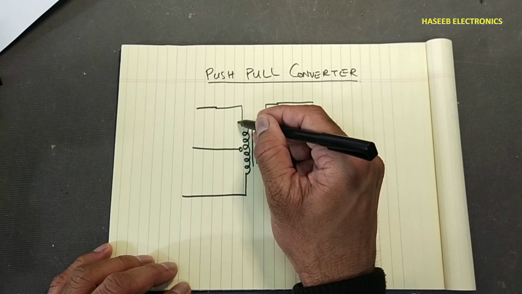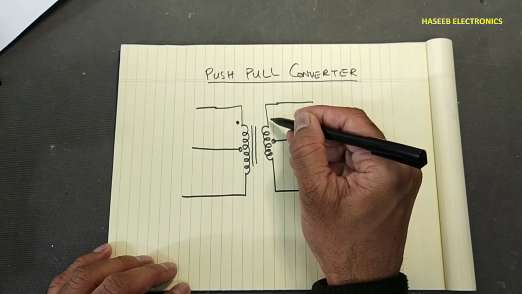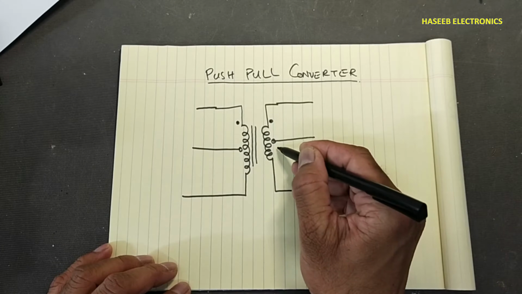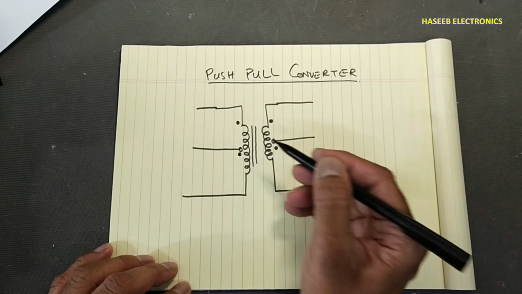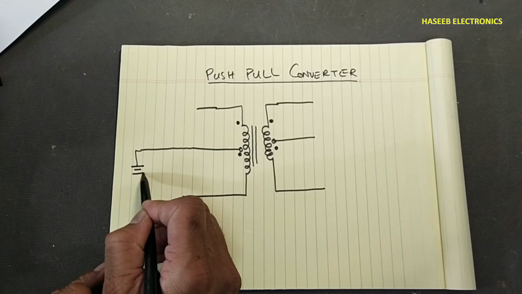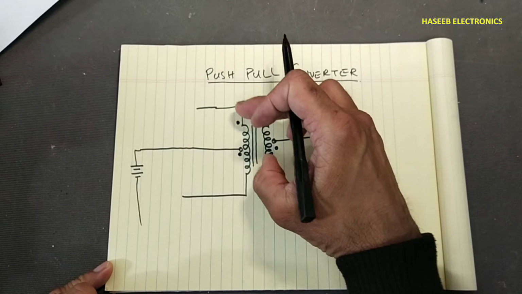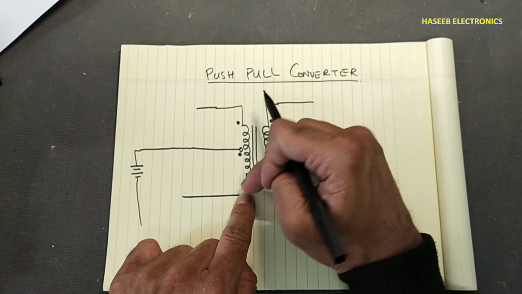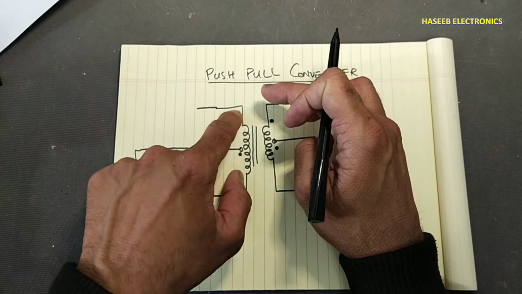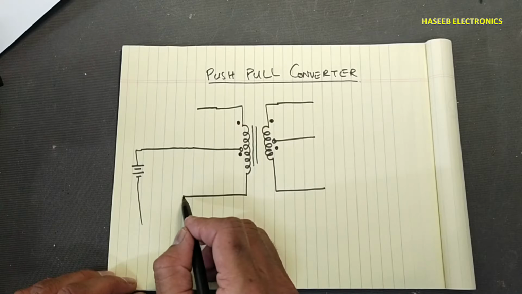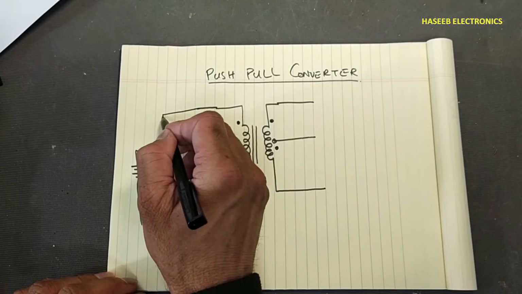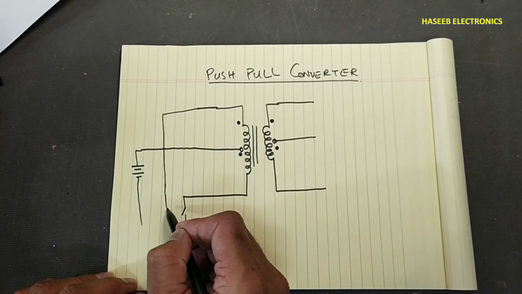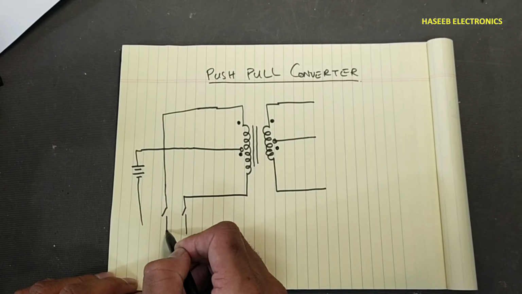The dot direction is here, here, and here. And these two ends of the transformer are connected to switches, any type of switch: MOSFET, IGBT, transistor.